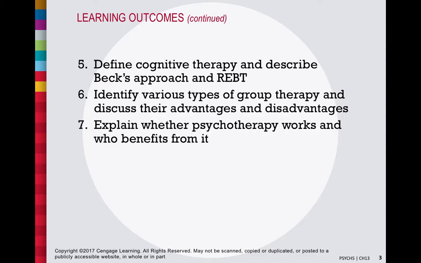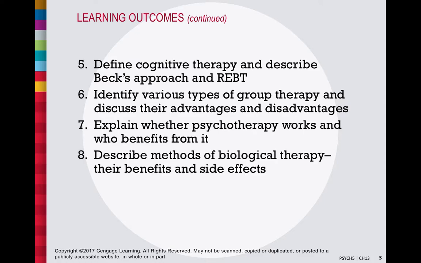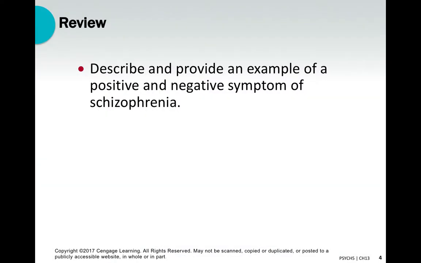We'll talk about why therapy works when it does work, and we'll also look at biological therapy, which will include surgery, medications, and other procedures. So broadly speaking, when we talk about treatment of disorders, we're looking at psychotherapy and biological therapy. We're looking at two different methods, and oftentimes the most effective treatment is using both, a psychotherapy of some sort combined with medication, some sort of biological therapy.